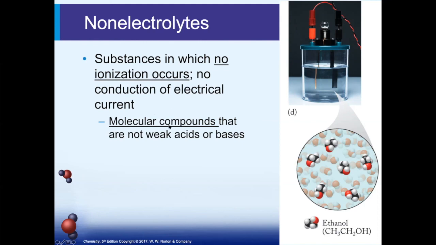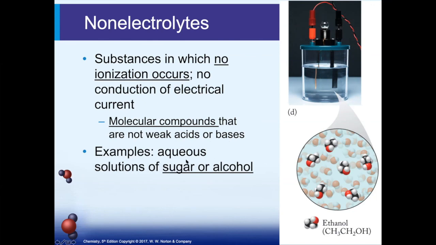You can't have any metals in the formula of a molecular compound, only nonmetals and metalloids, with one exception, or I guess two exceptions: any molecular compound that's not a weak acid or a weak base. Again, we'll talk about that more tomorrow. Any molecular compound that's not classified as a weak acid or a weak base will be a non-electrolyte.